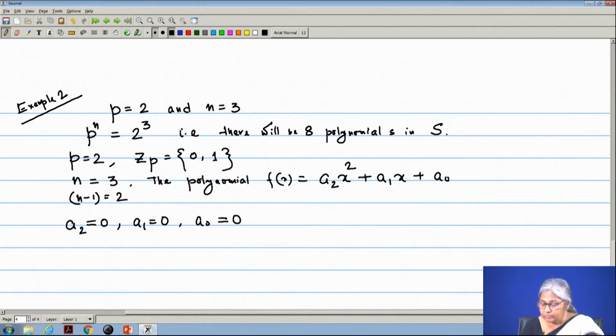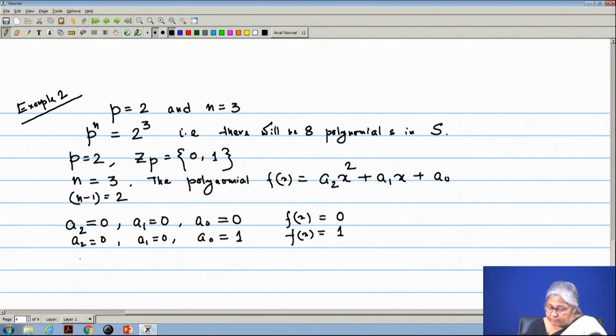With a2 equal to 0, a1 equal to 0, a0 equal to 0, f(x) equal to 0, and with a0 equal to 1, f(x) equal to 1.